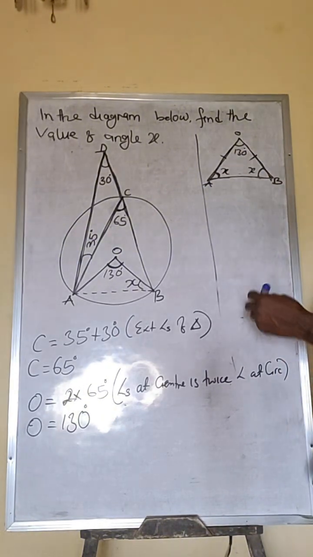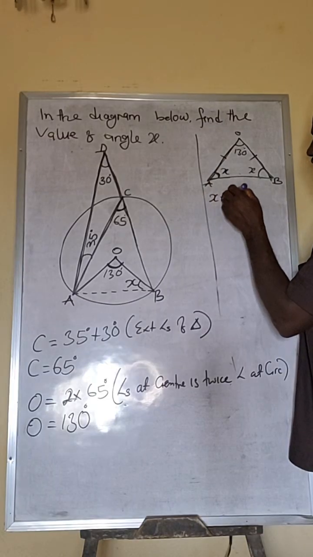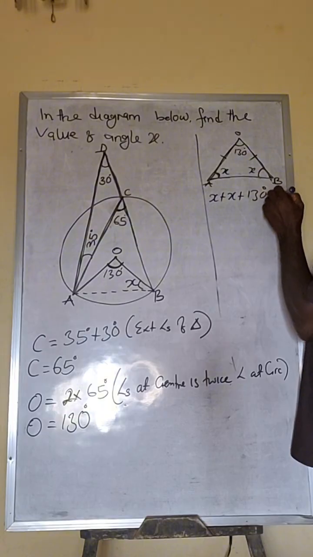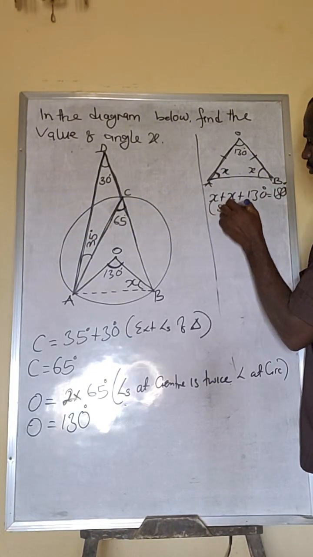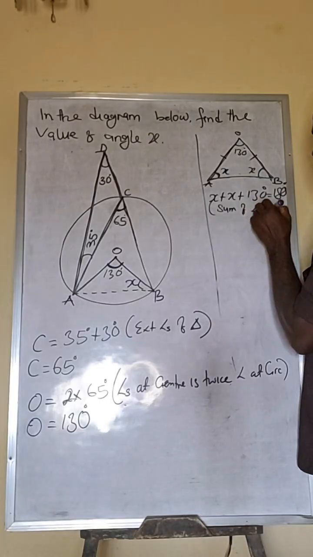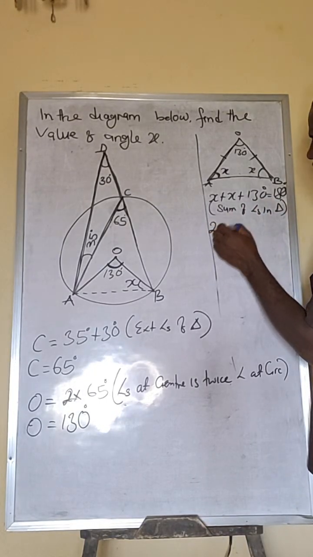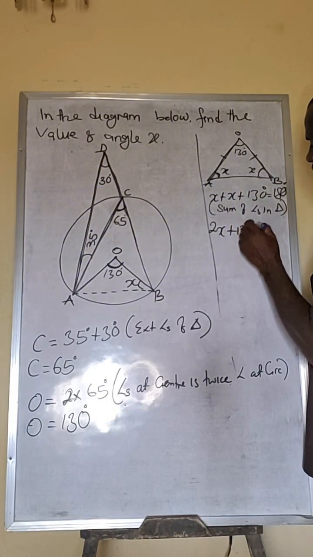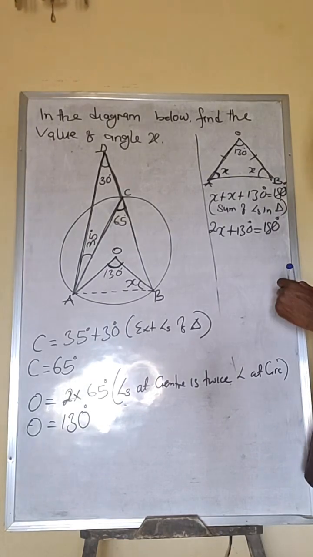So what is the value of X? Very simple. We have X plus X plus 130 degrees is equal to 180 degrees. And what is the reason? Sum of angles in a triangle. So we have 2x, that's this x plus this x, plus 130 is equal to 180 degrees.